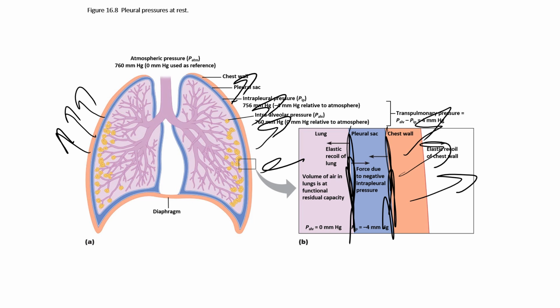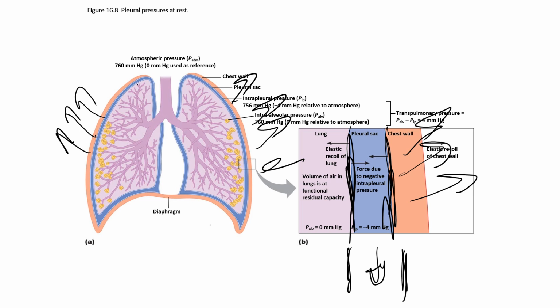By pulling the parietal and visceral pleura further away from each other, thanks to the contraction of the external intercostal muscles, that expands the volume of the pleural cavity, driving down intrapleural pressure, right? From 756 to 754, right?